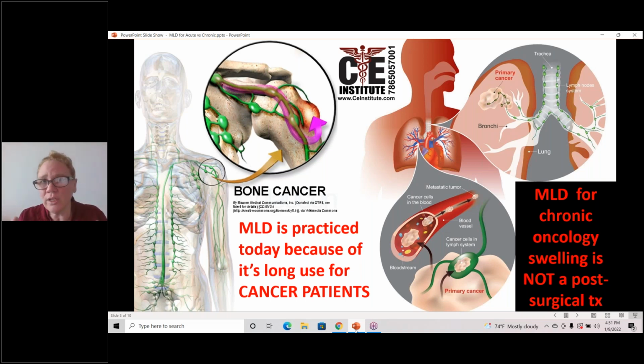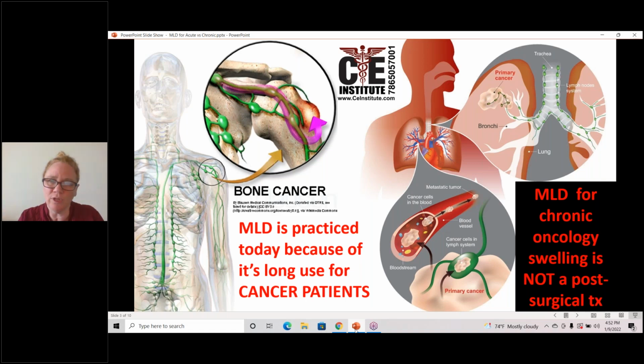This surgery and radiation would usually cause an acute swelling that could be treated, but in the majority of manual lymphatic drainage patients and clients, we would see them for lymphedema, which is a chronic swelling that can commonly occur after oncology treatment.